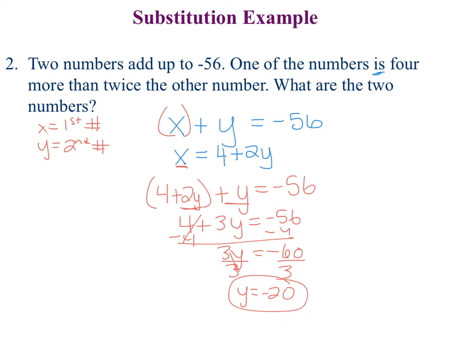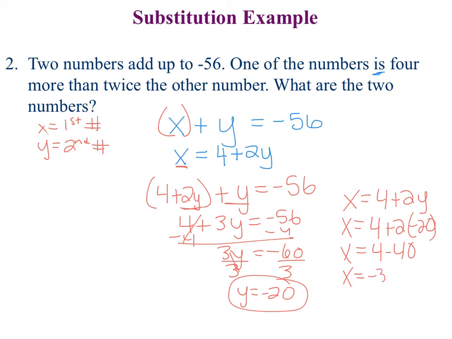So once we know y, we can plug it in and solve for x. So I'm going to just go back into that bottom equation there, and I know that x is 4 plus 2y, and if y is negative 20, then I've got 4 plus 2 times negative 20, which is going to give me 4 minus 40, and x should be negative 36. So this kind of word problem is not necessarily referring to any specific labels, so you could write this one as an ordered pair.